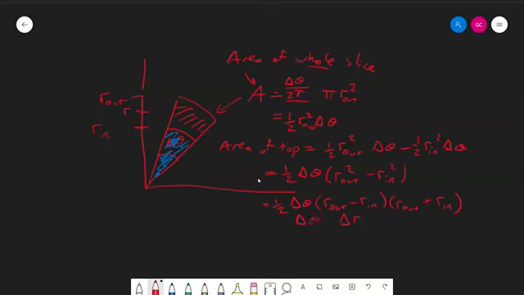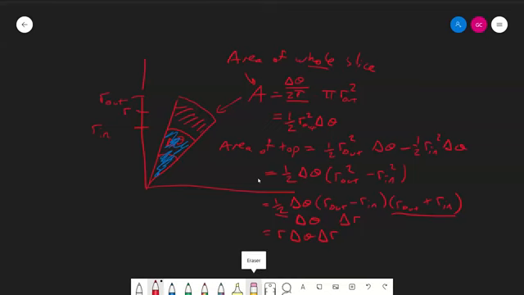Here's delta theta. What I'm left with is 1/2 of r outer plus r inner. Well, that's just the average of r outer and r inner, and that's this middle r value, r. And so you end up getting just r times delta theta times delta r. If I were being a little bit pickier, maybe I'd use a different letter instead of just r here. I'd call it something like r i star, a sample r value. But in any case, you get this extra factor of r when you go to find the area of a polar rectangle.